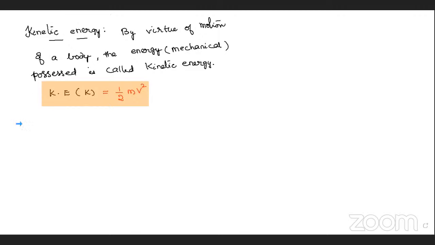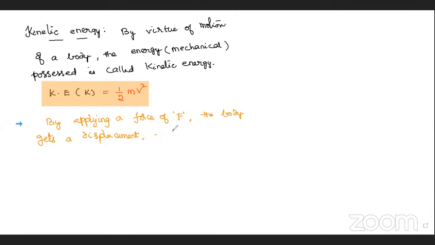So suppose by applying a force F, whether it is variable or constant, whatever, the body gets a displacement in the same direction.